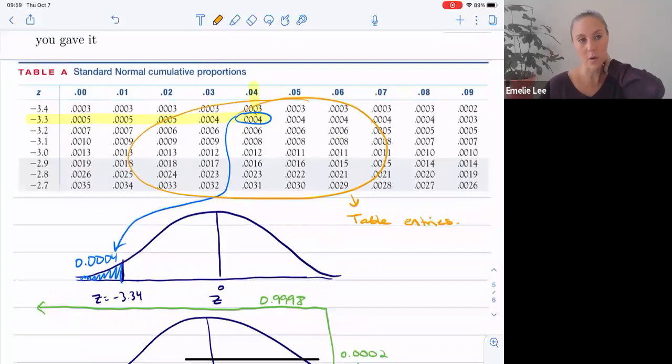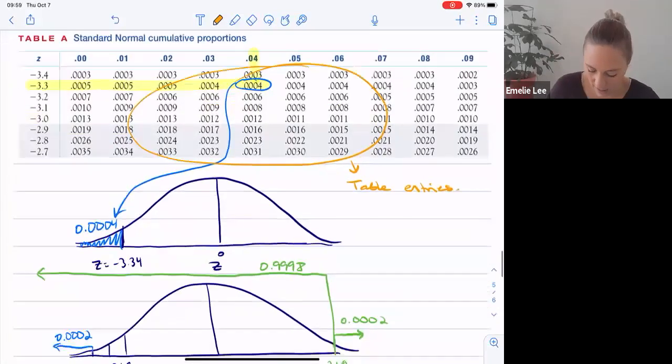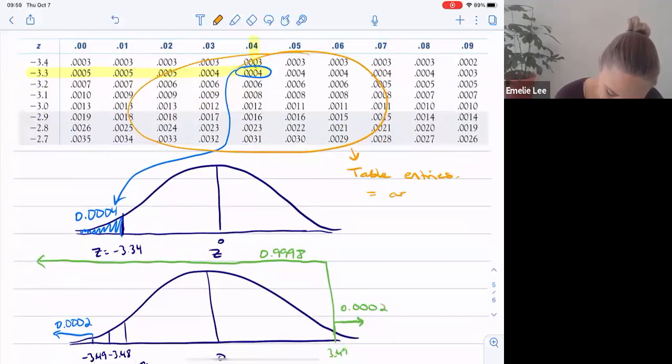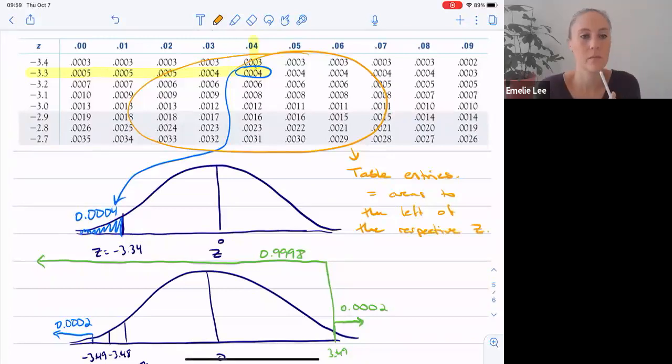Okay, so when I'm talking about table entries, those are going to be the areas to the left of the respective Z.